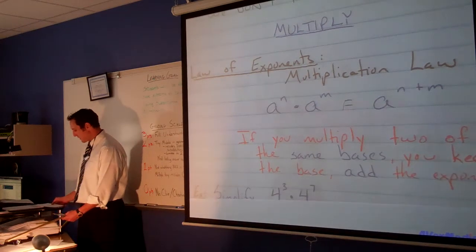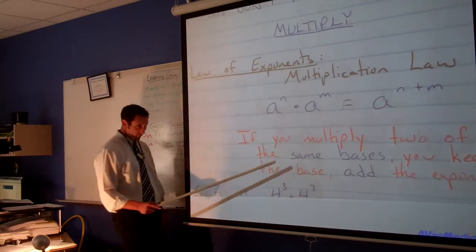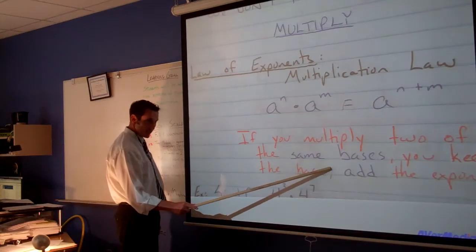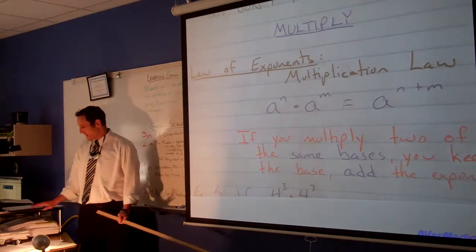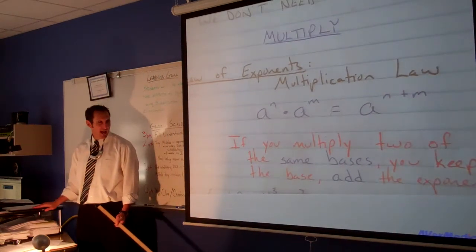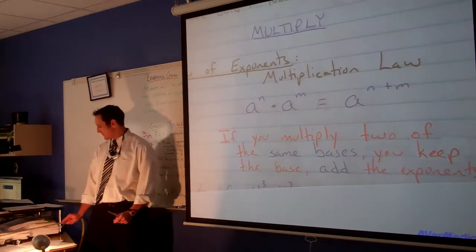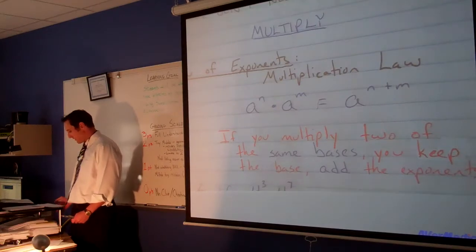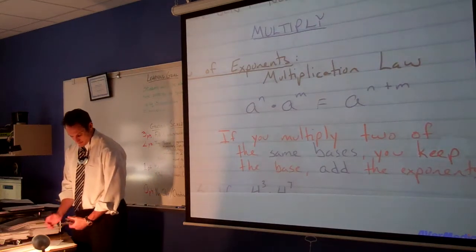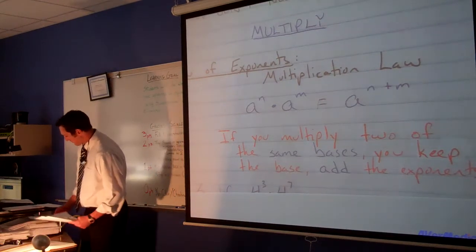So whenever we are multiplying two of the same bases, we keep the base and we add the exponents. That's what this law states. So that is the law of exponents dealing with multiplying the same base.